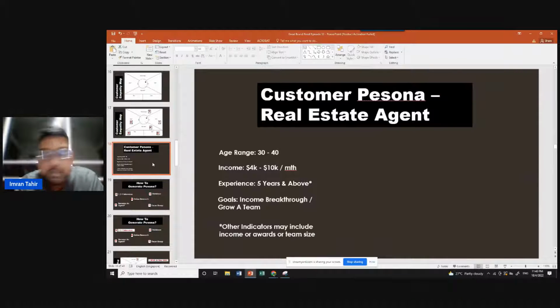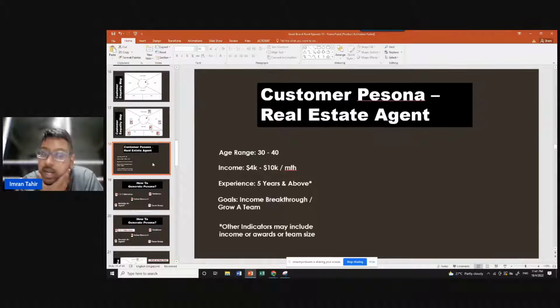Why grow a team? Most agents, when they are functioning on their own, can do really well. But the moment they want to switch to growing a team, they struggle to recruit because they don't have a strong personal brand that can carry the team and attract people to join. So even with all the years of experience, it doesn't translate to easy outcomes.